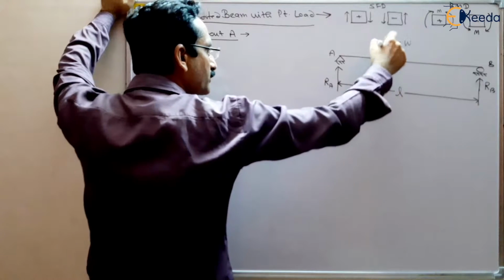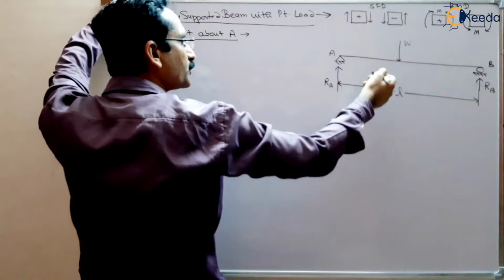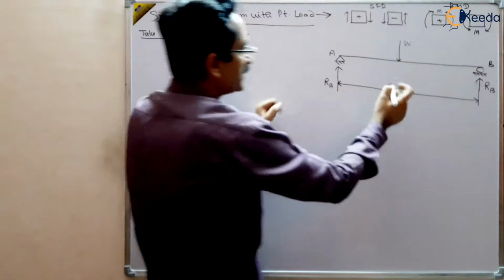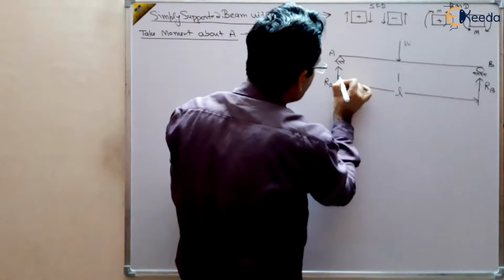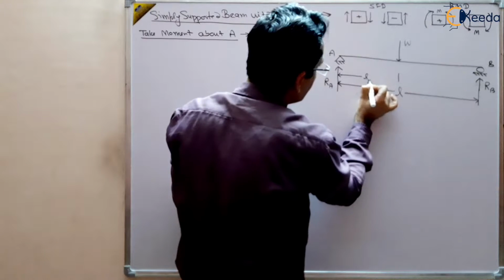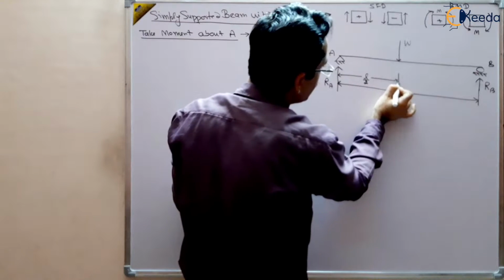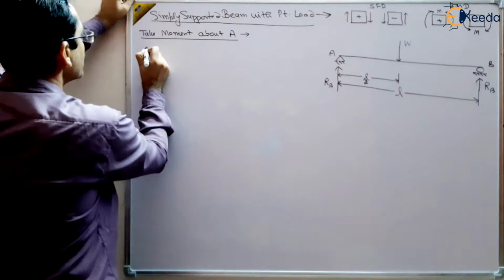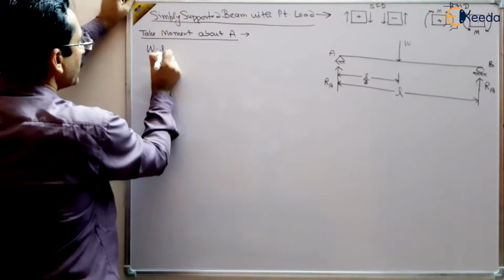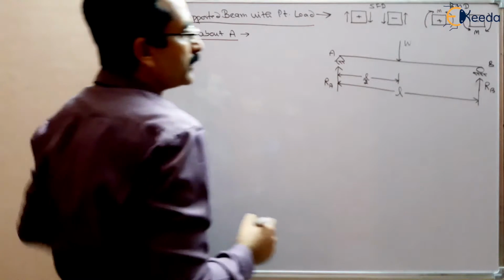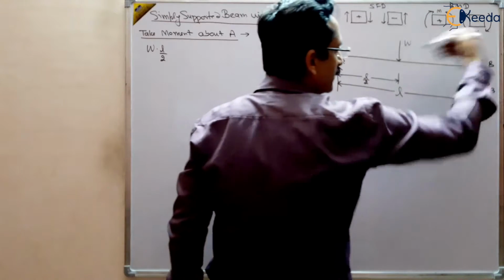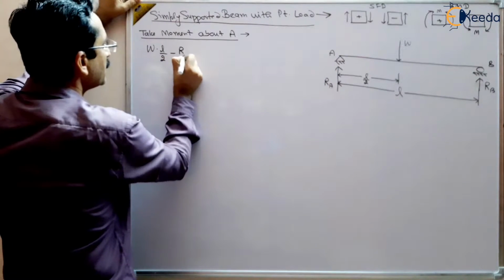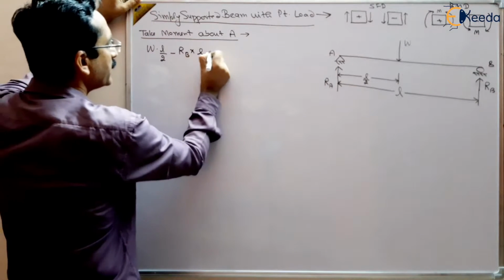Let us take clockwise as positive and anticlockwise as negative. The moment of W is W multiplied by L by 2, because it is at L by 2 distance from the end. This is clockwise, and this is anticlockwise. So minus RB multiplied by L, and that should be equal to 0.